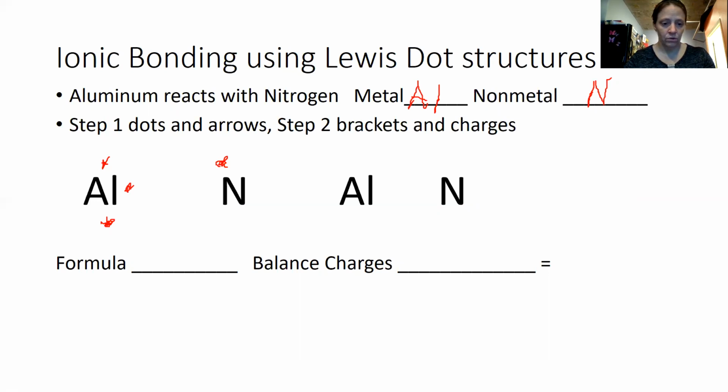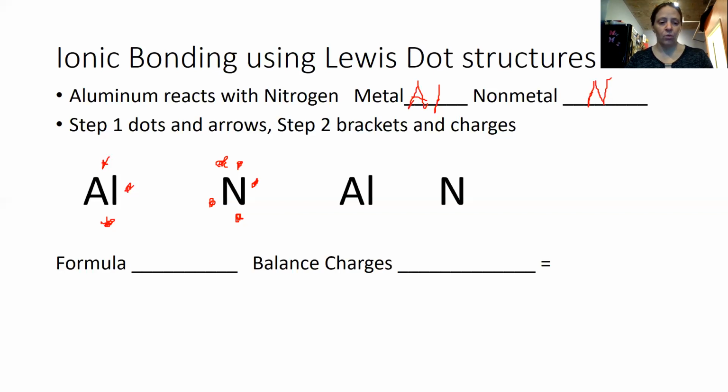So 1, 2, 3, 4. And then now we're going to start pairing up. So I have 3 electrons here, and it looks like nitrogen needs 3 electrons.